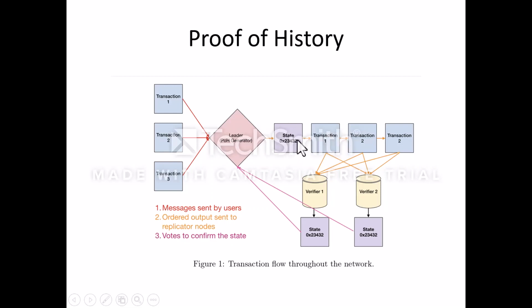The third hash has a value, and that value is nothing but the state. After processing that, it will pass those three transactions to the different validators, and each validator will also run the VDF on those transactions and generate the hash value. If the hash value for validator 1 matches the hash value of the leader, then it will verify the block. Likewise for the other validators.